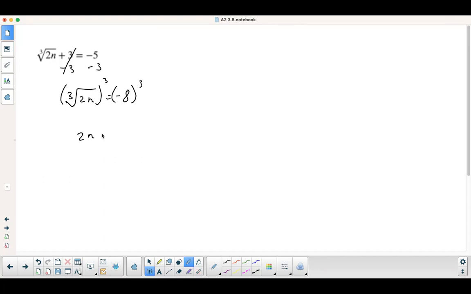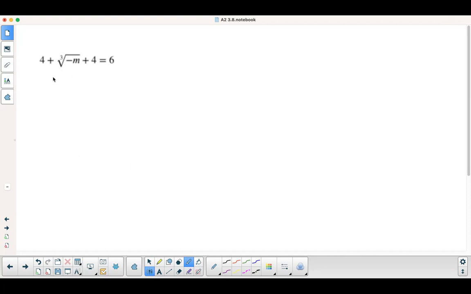Those cancel out, so I'm left with 2n equals negative 512. Then I got to divide by 2 at the end, and we get negative 256.